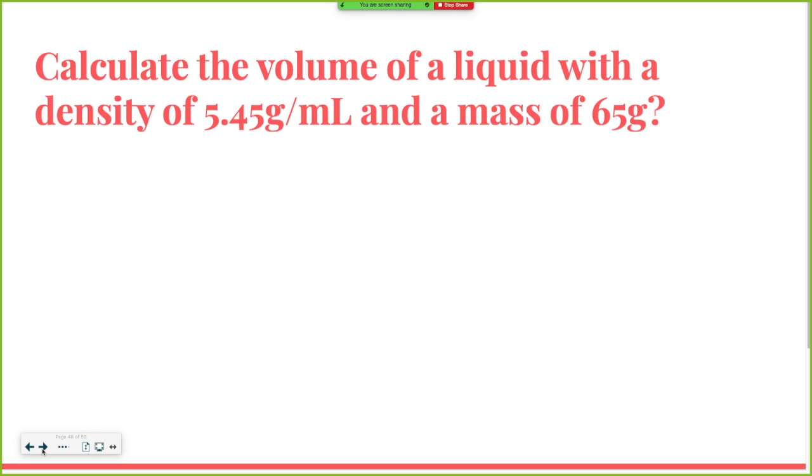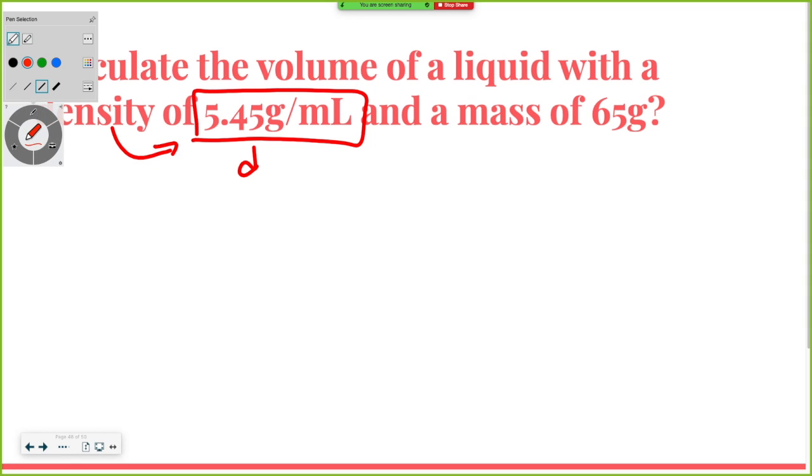All right, so calculate the volume of a liquid with a density of 5.45 grams per milliliter. So again, Annie, there's where you see it gives you the density. So it says density of, in case you looked at those units and forgot what the units for density are. And then a mass of 65 grams.